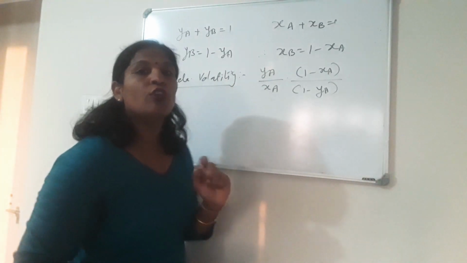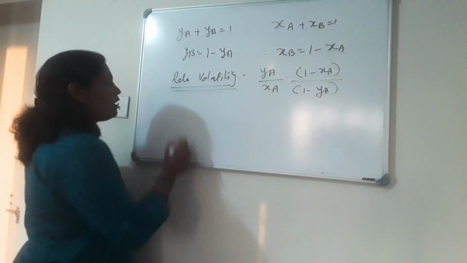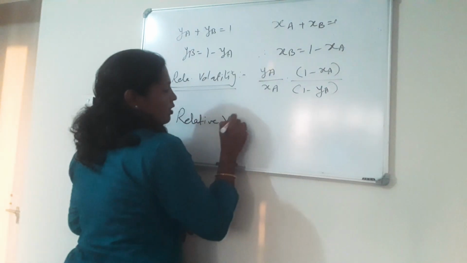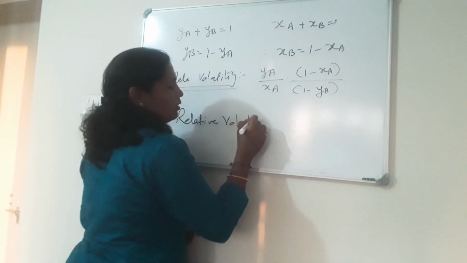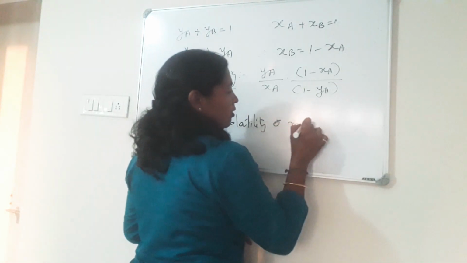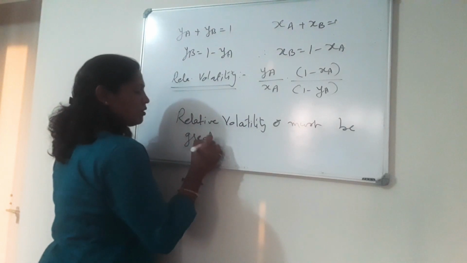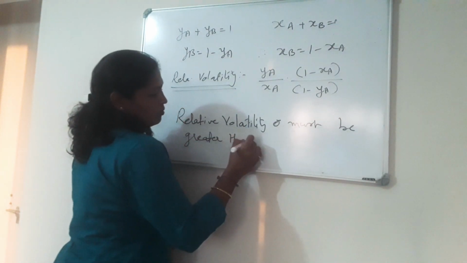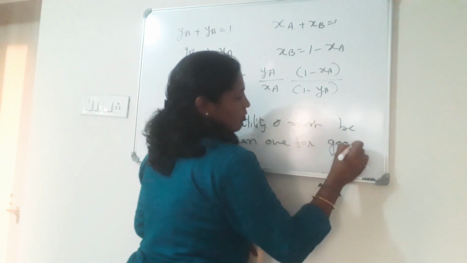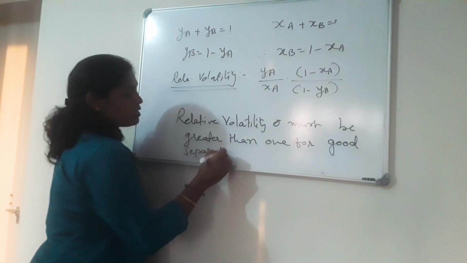In that case, you have to go for extraction. So, relative volatility must be greater than 1 for good separation using distillation.